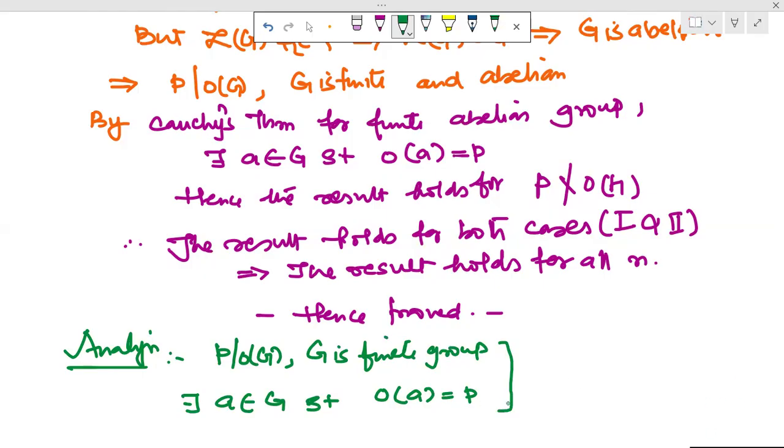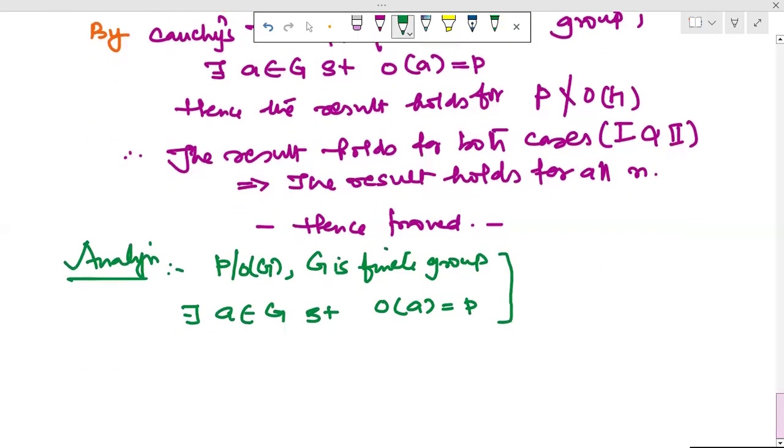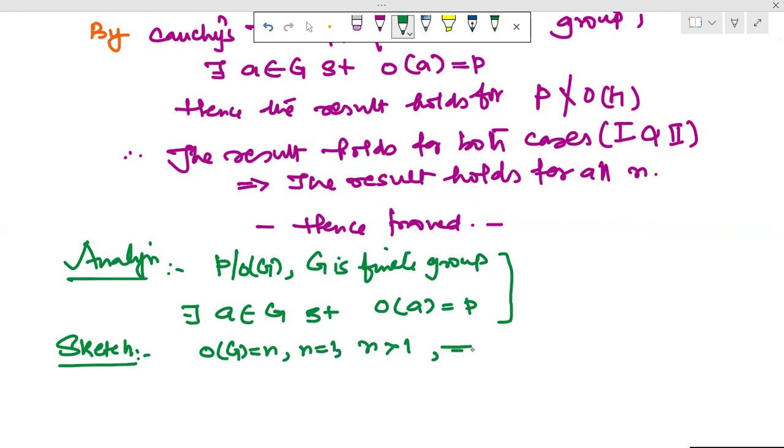So this is the proof. The main sketch of the proof is: first you have to take order of G equal to n. Then n equal to 1 case, then n greater than 1. Then we prove this theorem for n equal to 2.